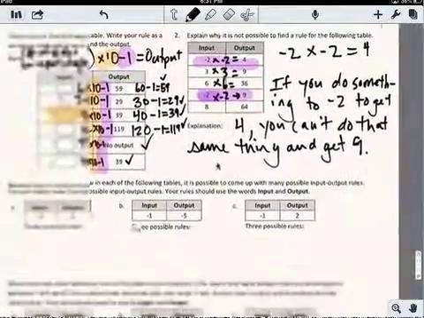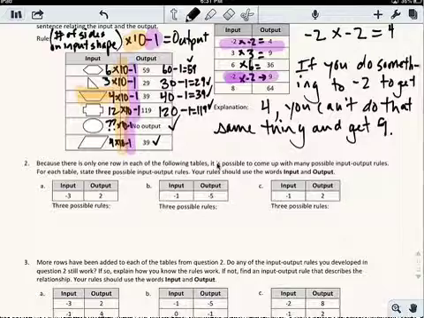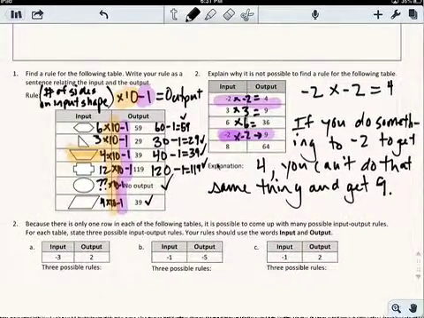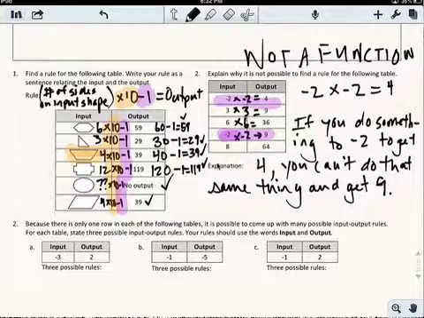Cool. So there are some input-output tables that cannot have a rule written for them. And this one is actually called a relation, but it's not a function. And we're going to talk more about that later this year. This one where you can write a rule is called a function.